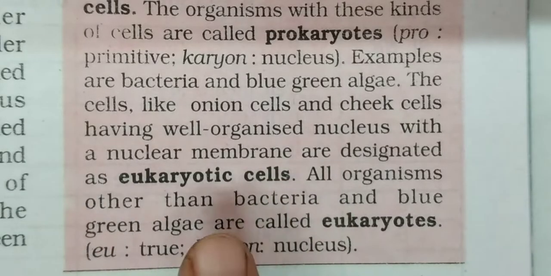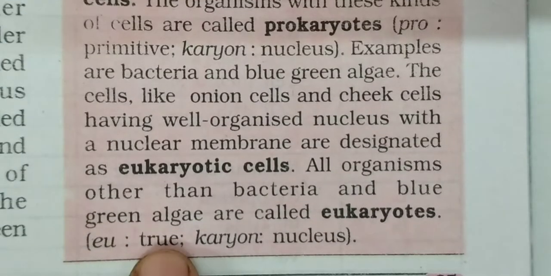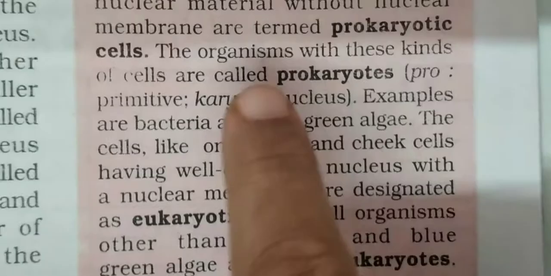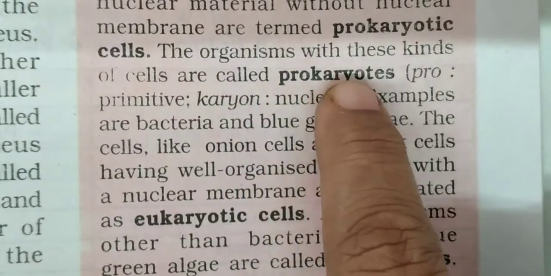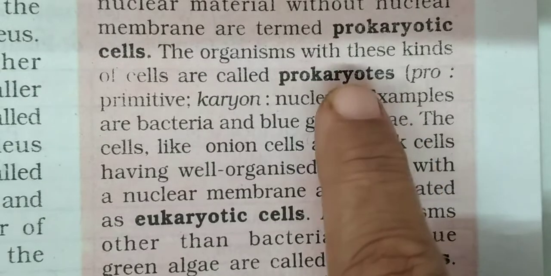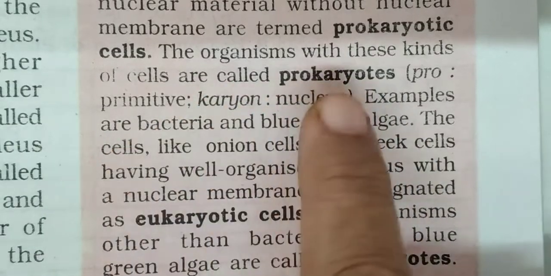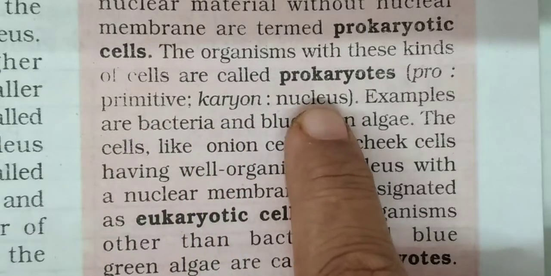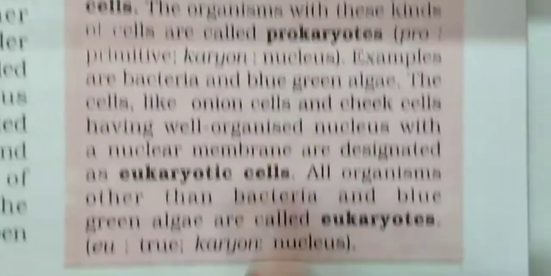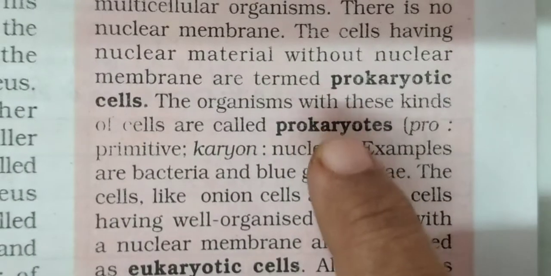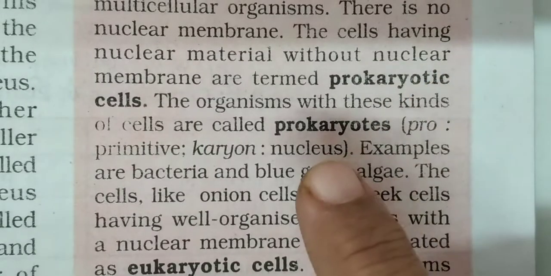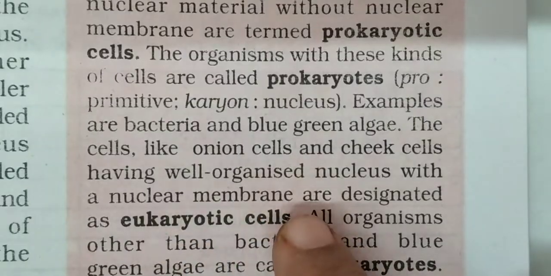And eukaryote, two words are included in it. Eu means true and karyons means nucleus, true nucleus. In the same way, prokaryotes can also be defined by dividing into two words. Pro means primitive and karyons means nucleus, primitive nucleus. So this is very much important for you to know what are prokaryotic cells and eukaryotic cells.